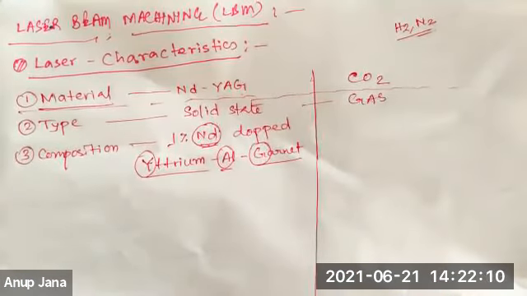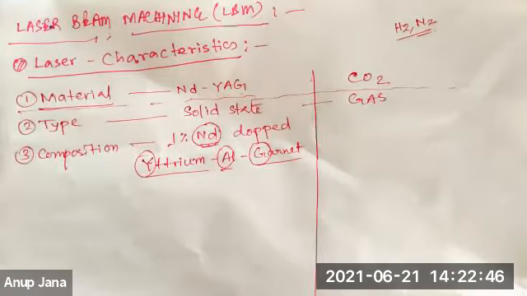So it is a crystal that is used as the lasing medium for solid state lasers, and the dopant is this ND, which is neodymium. It will typically replace a small fraction, generally 1%, and the yttrium, aluminium, and garnet will be used.